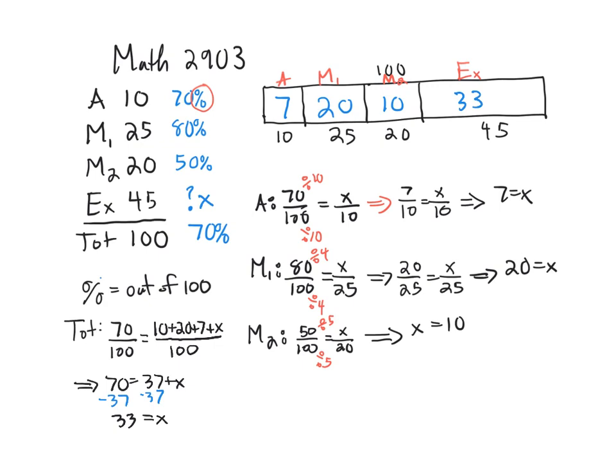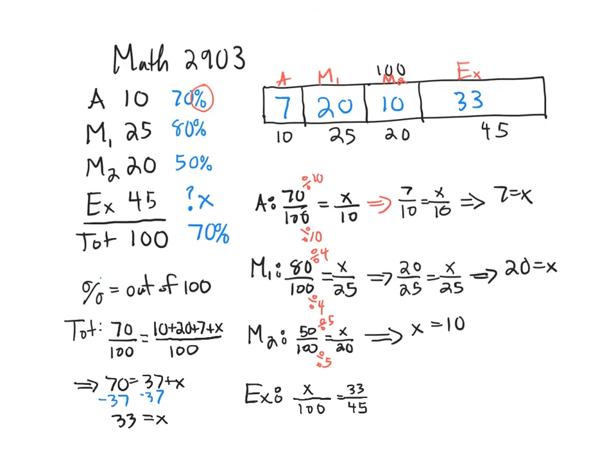out of 45. But what is that in a percentage? So we're going to have to do the reverse here. So here's our exam. So now we don't know how many points out of 100 or the percentage, but we know it's 33 out of 45 that they need.